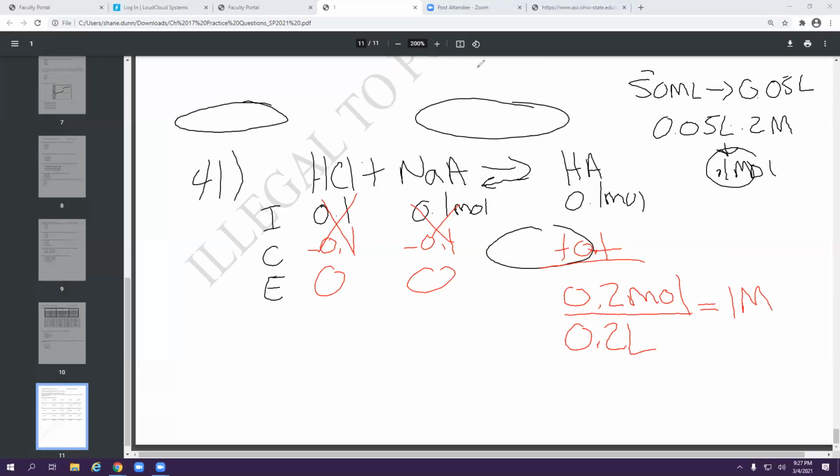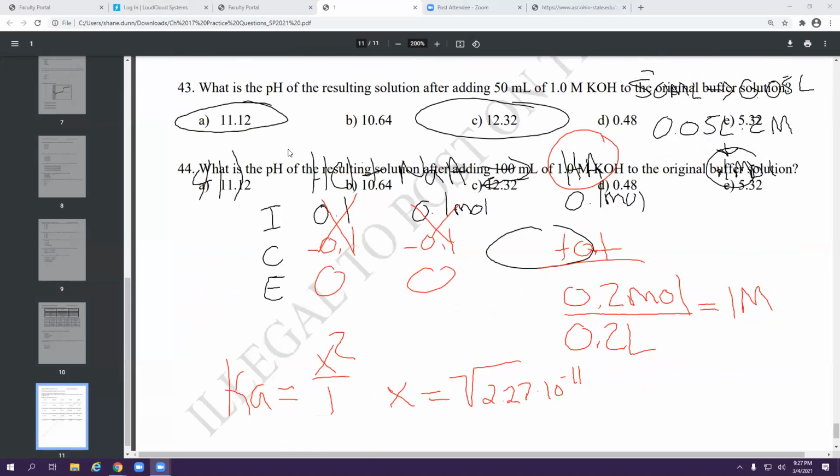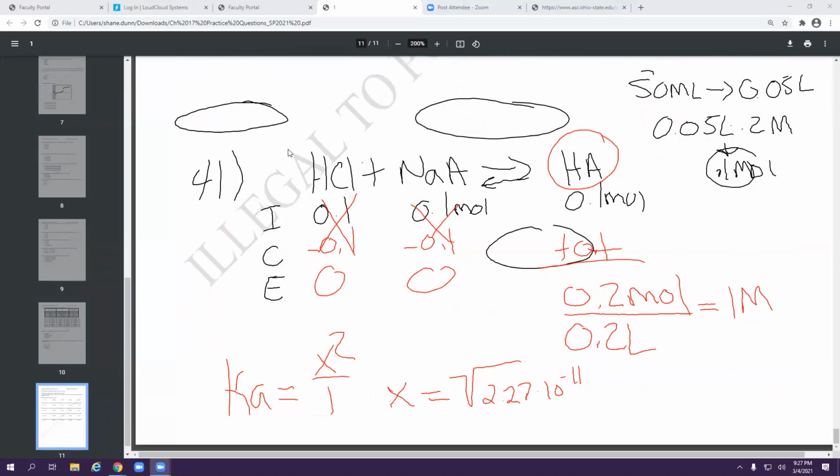Okay, I have HA left. I am given Ka in the formula above, right? So X is equal to the square root of the Ka, which was 2.27 times 10 to the negative 11th, I believe. Yep. Okay.